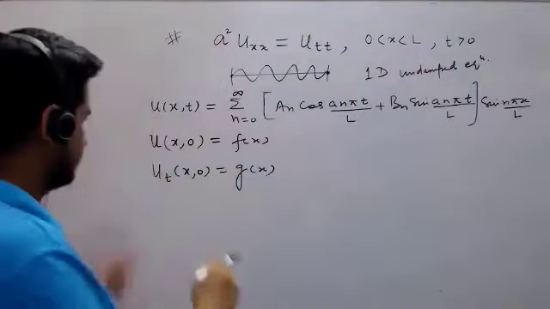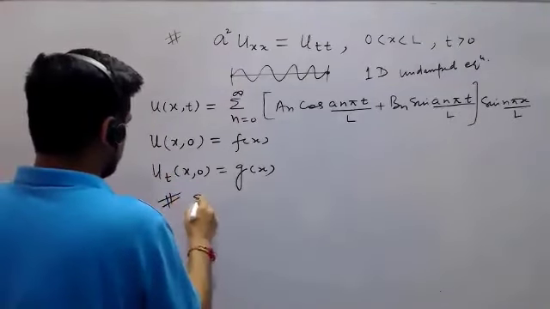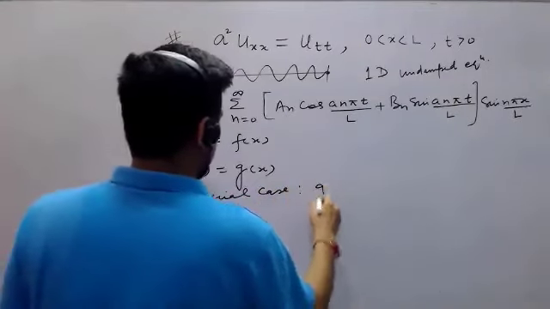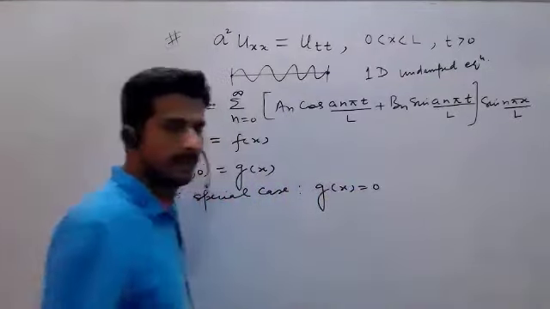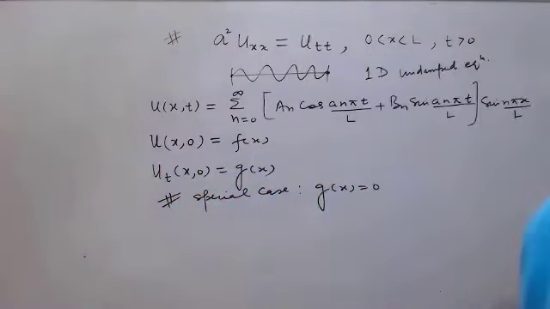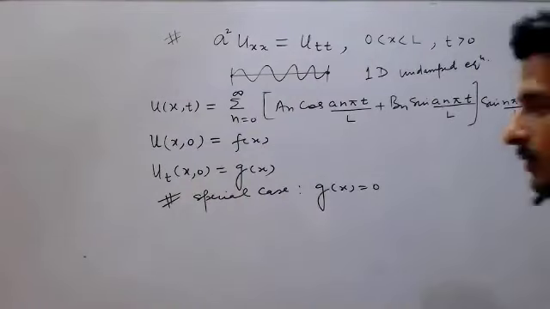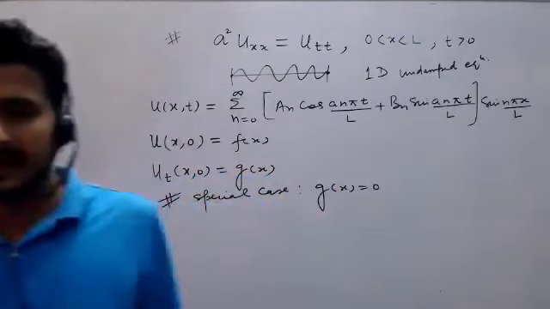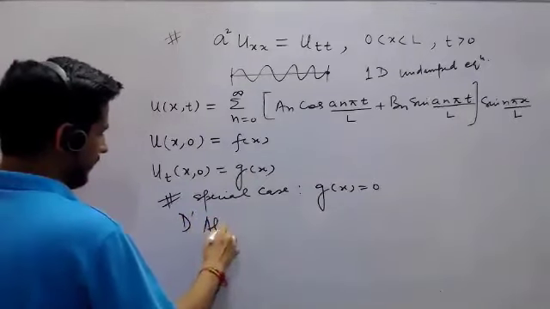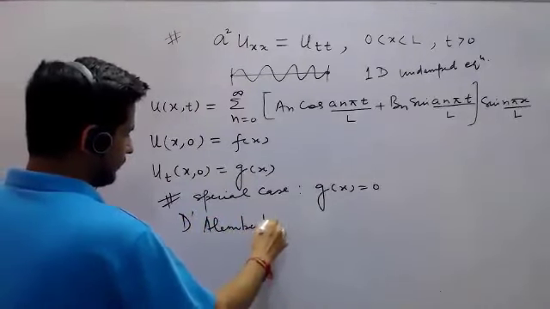Now there is a special case when this g of x is equal to 0. When g of x is equal to 0, we can solve directly by using this special case, and that is known as D'Alembert's form.